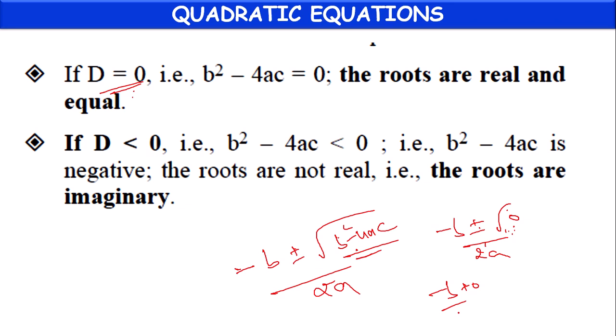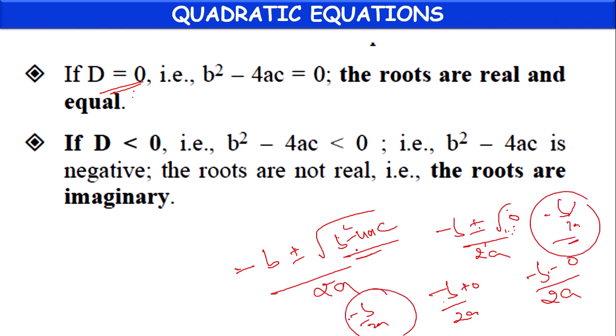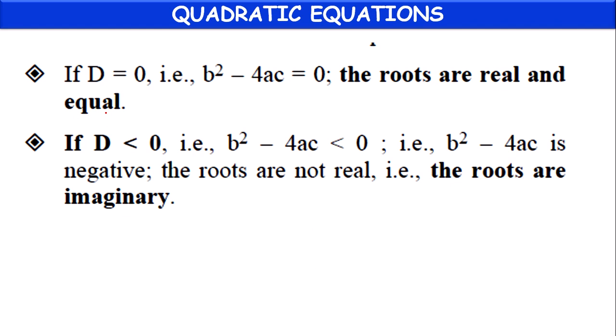Minus b plus 0 by 2a and minus b minus 0 by 2a, both values become equal to minus b by 2a. Means the roots are equal, and they are real numbers, or we can call them rational numbers. That is the second case here.